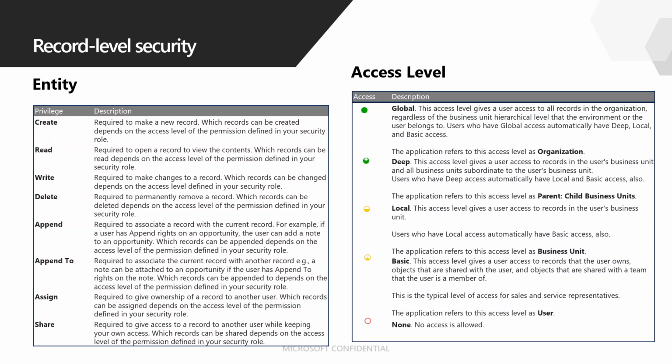You've then got deep. Deep gives users access to records in the user's business unit only, and all business units subordinate to the user's business unit. The application refers to this access as parent-child business units.